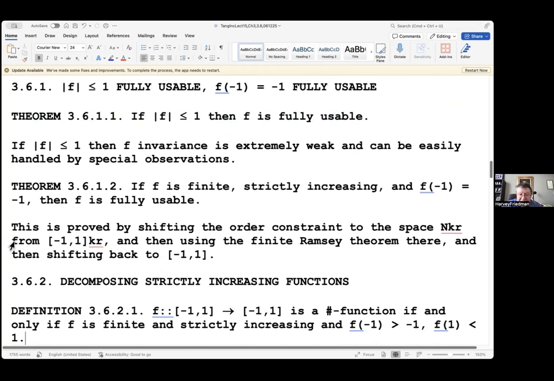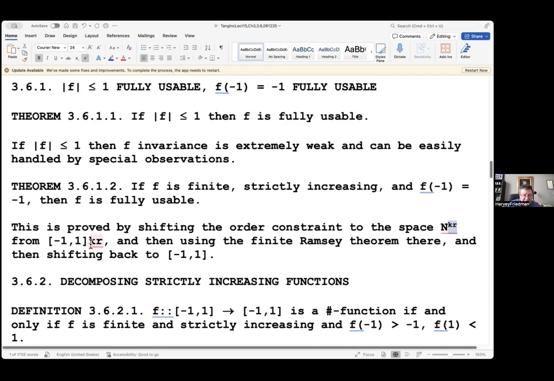If f is finite, strictly increasing, and f of -1 is -1, then f is fully usable. The way this is done is not completely straightforward.